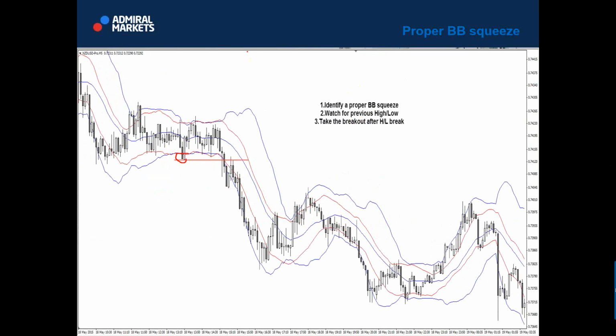Okay? This is a proper squeeze. Bollinger Band inside Keltner channel. The previous low was obviously this. Breakout of this previous low usually leads to a proper breakout. Okay?